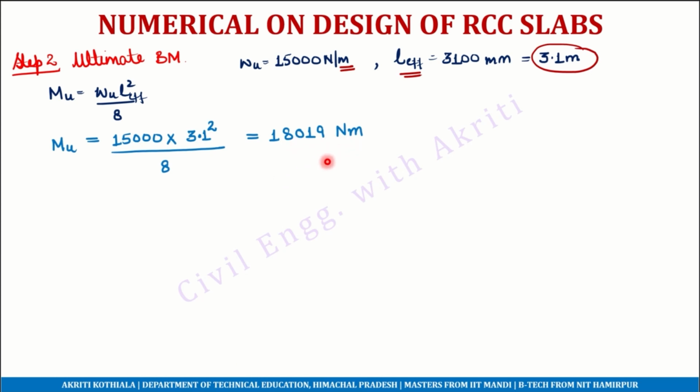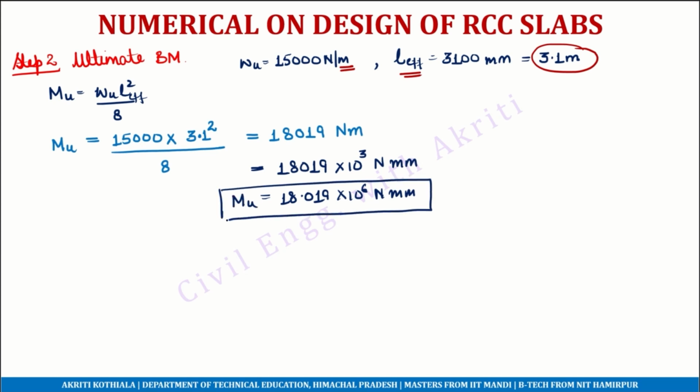However, we will be requiring this value in millimeters, so we multiply it by 1000 to convert it into Newton millimeter, or I can simply write 18.019 into 10 to the power 6 Newton millimeter. So this is the maximum bending moment which will occur on the slab as per the given load.